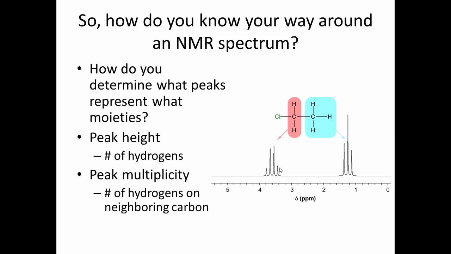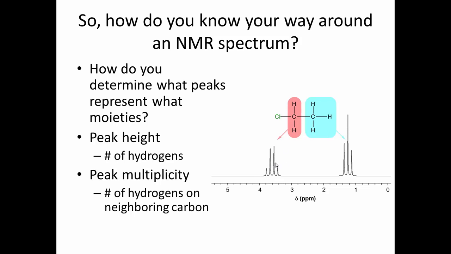So if I say this NMR spectrum is a representation of chloroethane, how do you know what's what? First we can look at peak height, the number of hydrogens. So this peak is taller than these peaks, so this is likely the methyl peak.